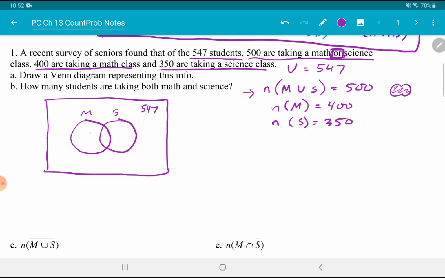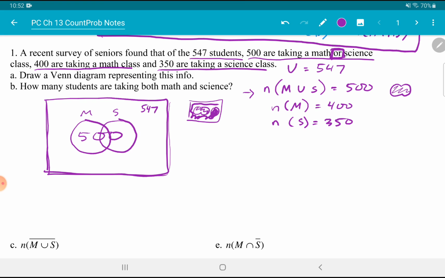Well, we know that all together, that's going to give us, I'll just write it here, 500 students. Which means if the entire rectangle is 547 and this piece is 500, then what we can do is kind of punch out that piece, take it out, and you'll be left with whatever is out here, right?